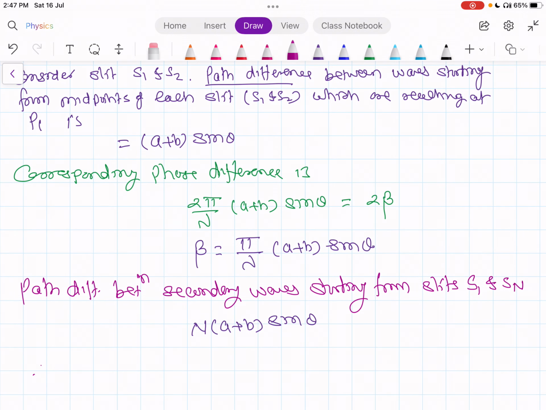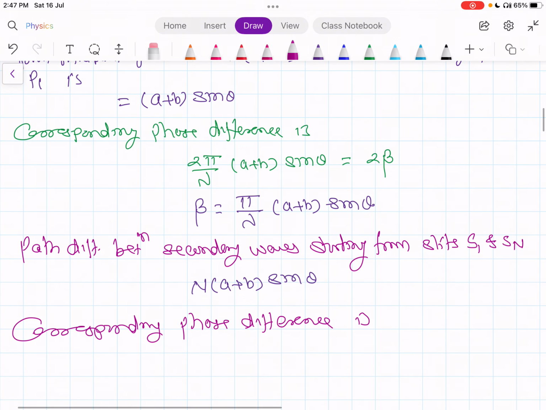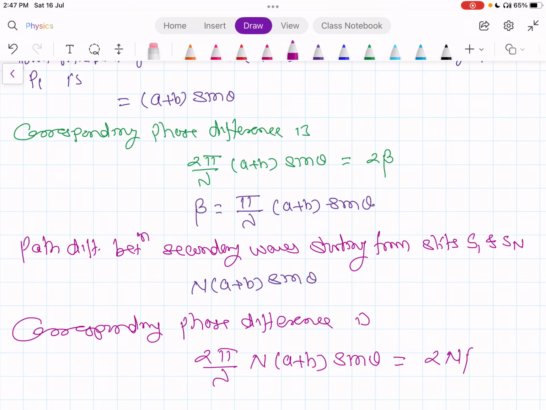And if that is the path difference, then the corresponding phase difference is 2 pi by lambda n times A plus B sine theta, and that would be equal to 2n beta, because we assumed 2 pi by lambda A plus B sine theta equals 2 beta.